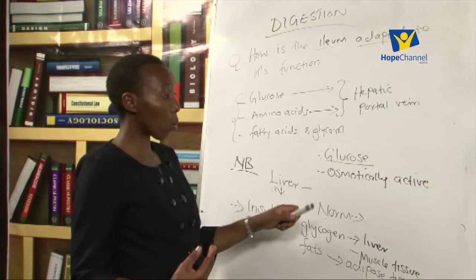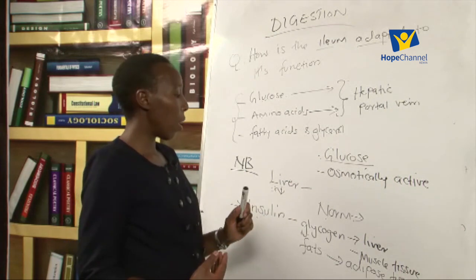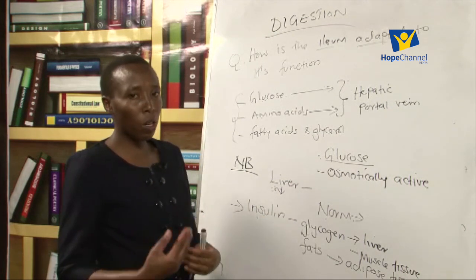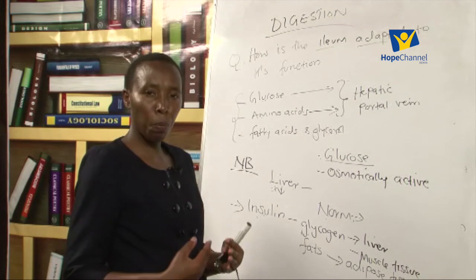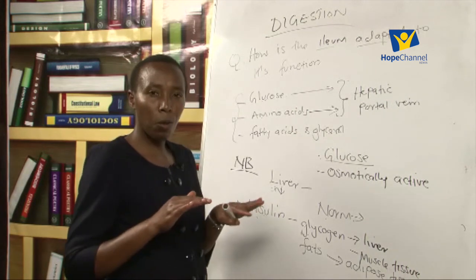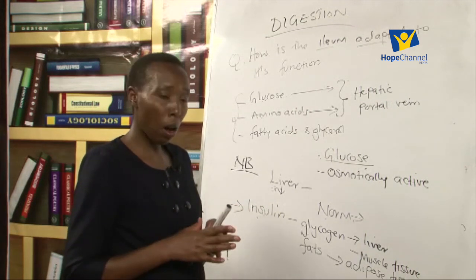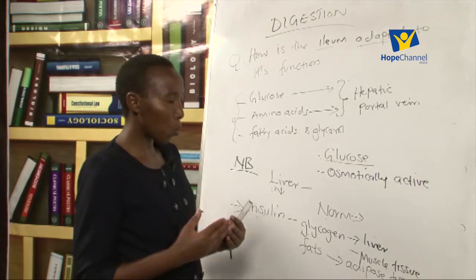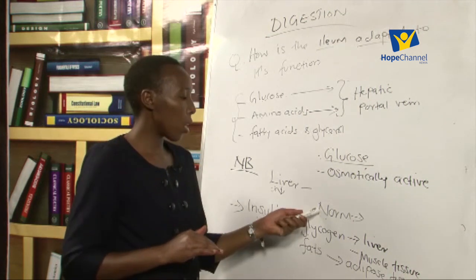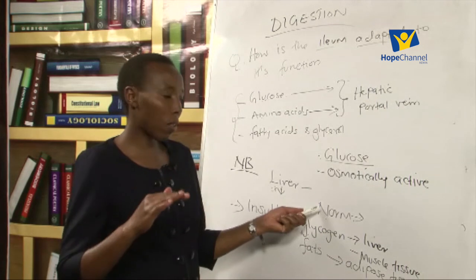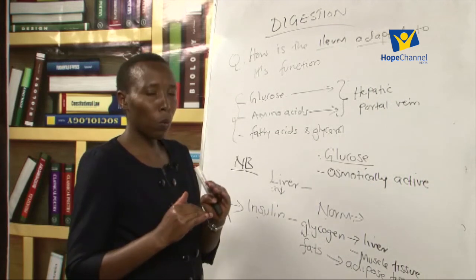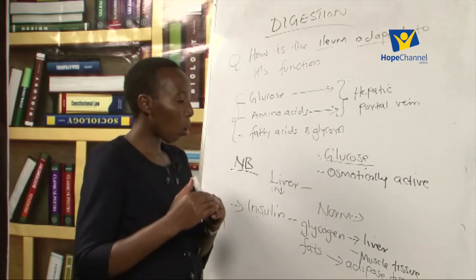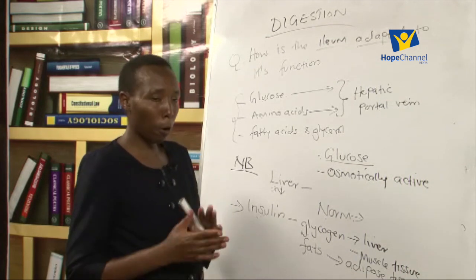We said that glucose is osmotically active and it increases the osmotic pressure within the body fluids. So we must have a constant level of glucose in the blood. That's why we say that we must have the norm. The norm, in that case, I refer to a given constant, such that we don't go beyond the norm or go below the norm.